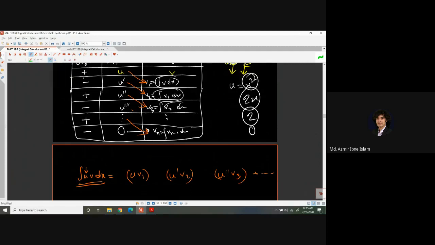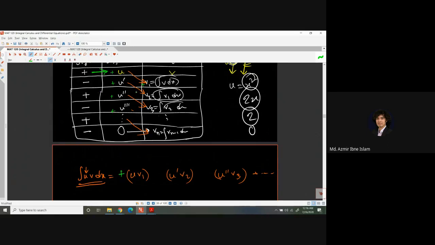So how we can focus on the sign? Remember, suppose all these are plus, so we have to come by this way. What will be the sign before this term? Is it plus or minus? We have to figure out. So how we can figure out? For the first term, we will come by this way. Here you can see plus, plus, plus, plus, plus.